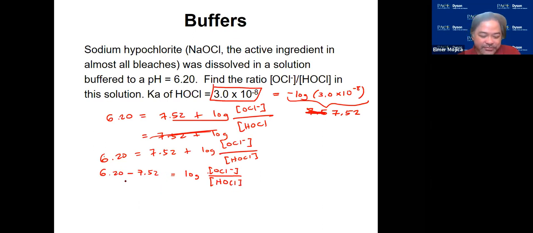So I think I'm going to get a negative here, 6.20 minus 7.52. So I will have a negative here. So the question now is, how am I going to simplify this expression?